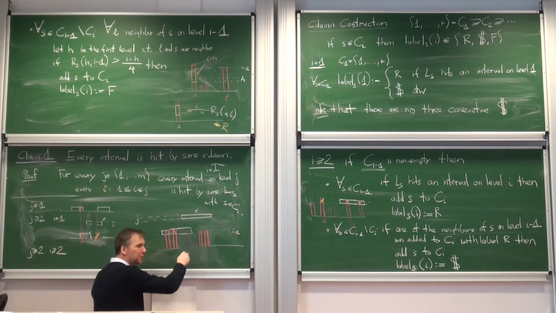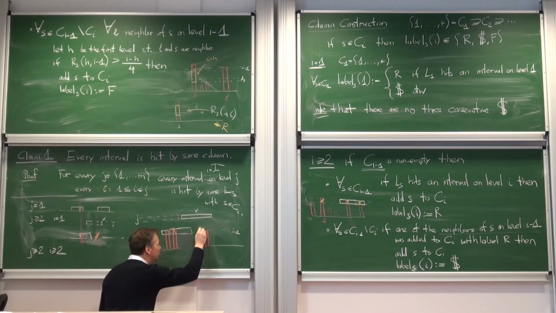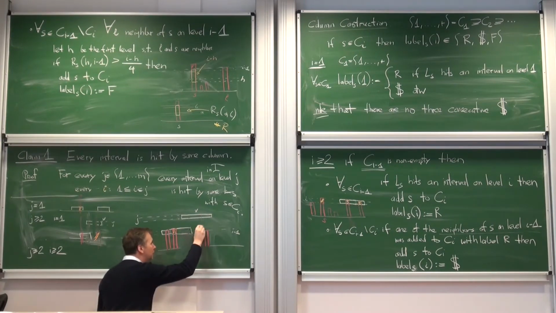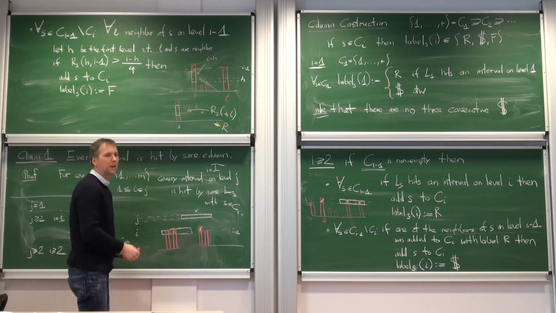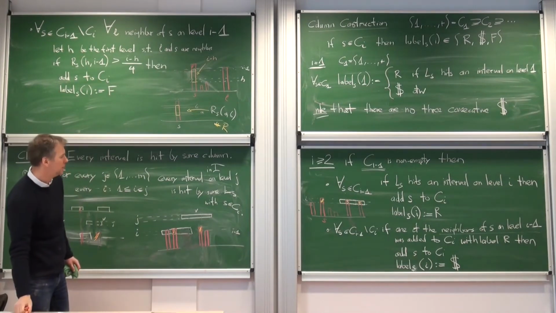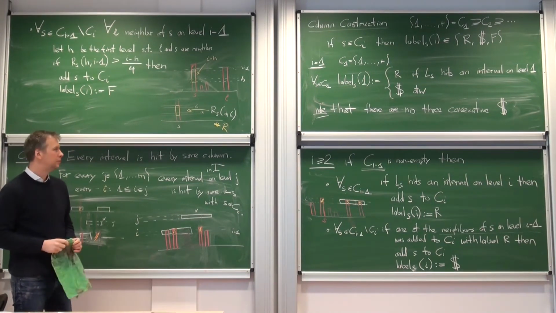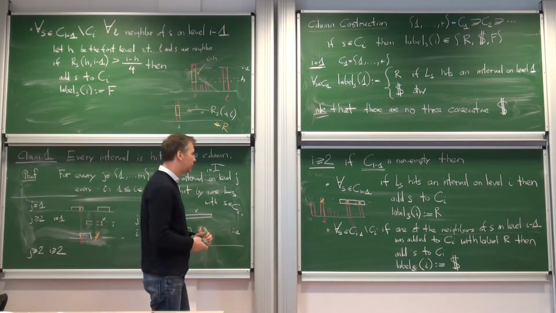And we take the leftmost column here, and by the dollar rule, this column will get the dollar sign from this column and will survive to level I. We said that if one of the neighbors has label R, but on level I minus 1.